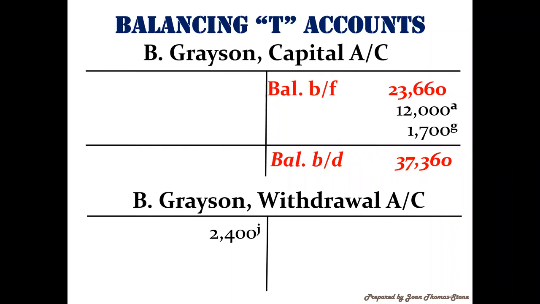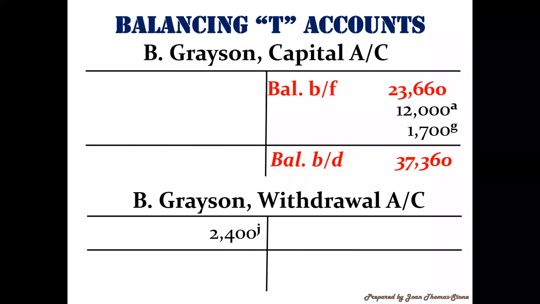They were investments by the owner. Additional investment. So remember that the 23,660 was the opening balance, and that total there, the 12 plus the 1.7, was additional investment.